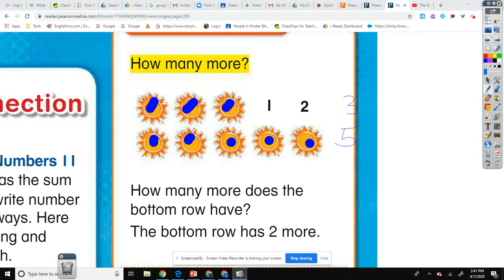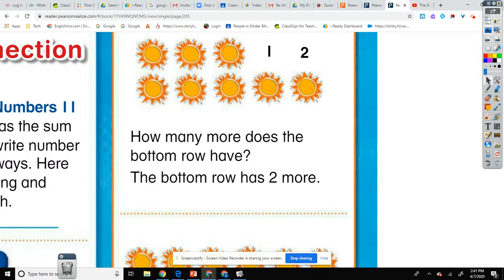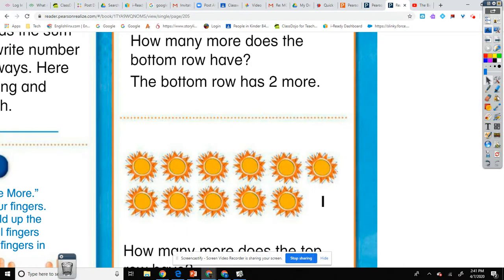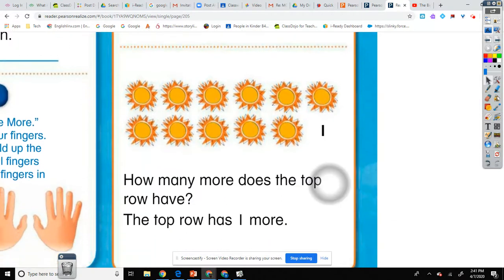So there are 2 more pictures, 1, 2, in row 2 than in row 1. So this is more like, you've got nothing to do, you just work it out mentally in your mind. Right, how many more does the bottom row have? The bottom row has 2 more, that's correct.